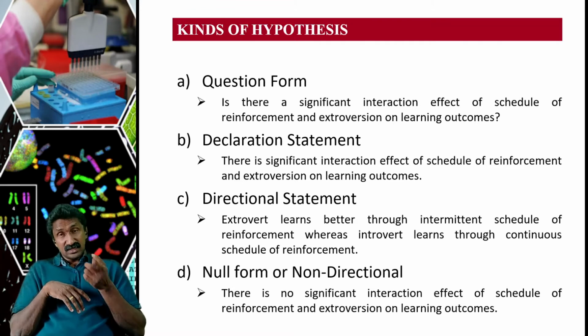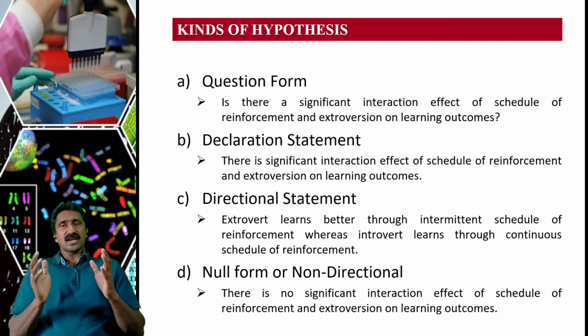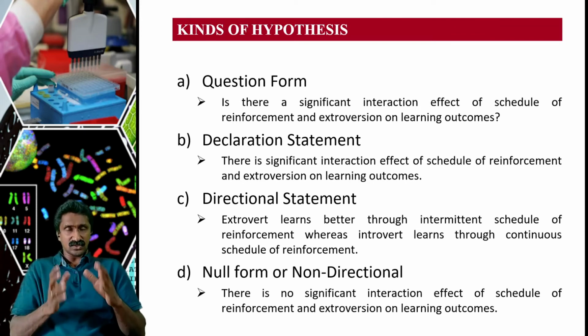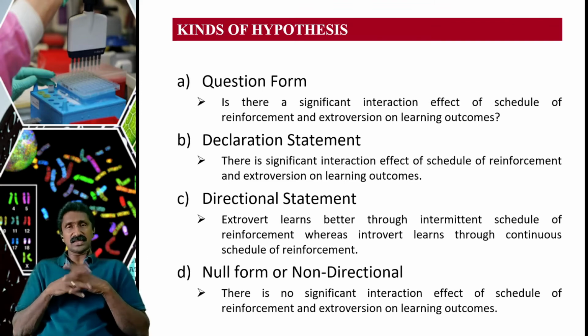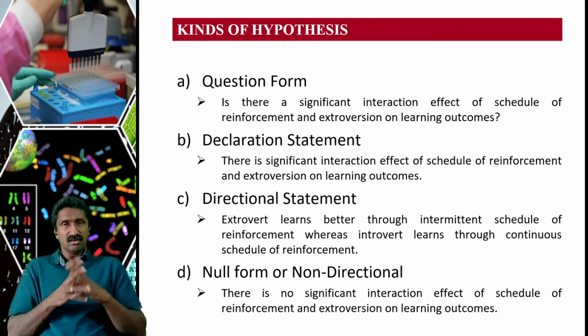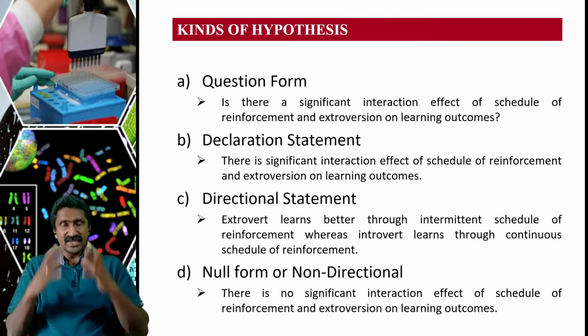Then there is a declaration statement like hypothesis. There is a significant interaction between the schedule of reinforcement and extroversion, or A and B. You can take it as A and B in two conditions. There is a significant interaction between A and B on learning outcomes. So that means it's a declaration statement. We are stating it.